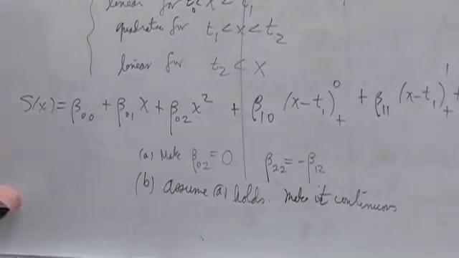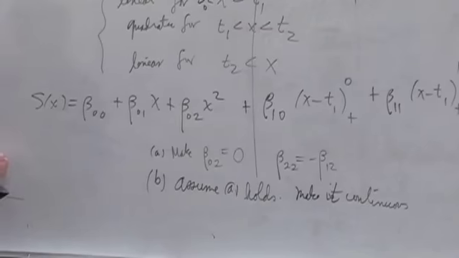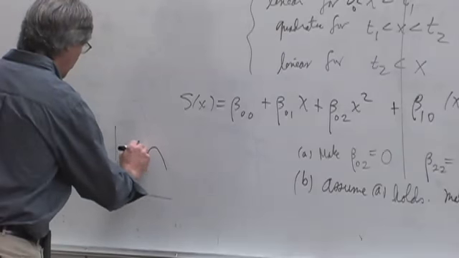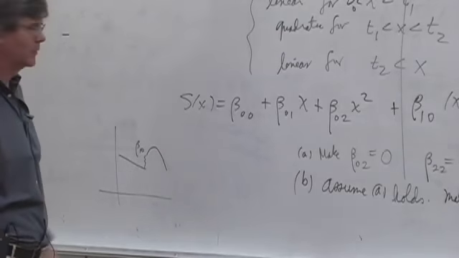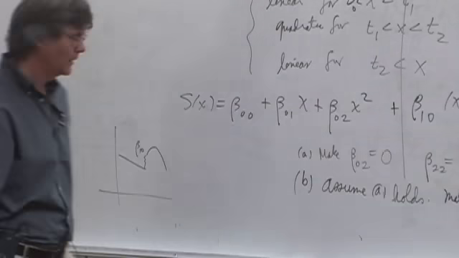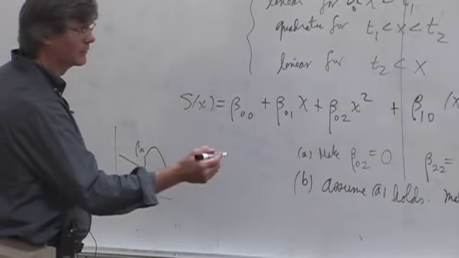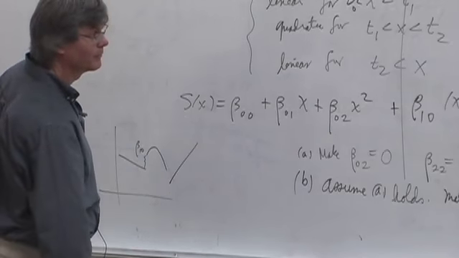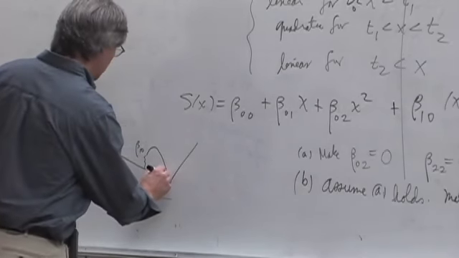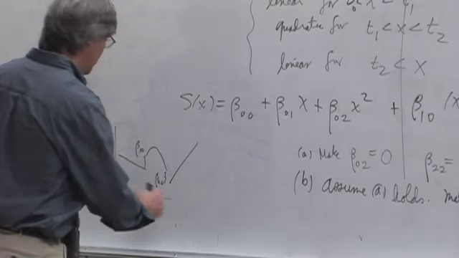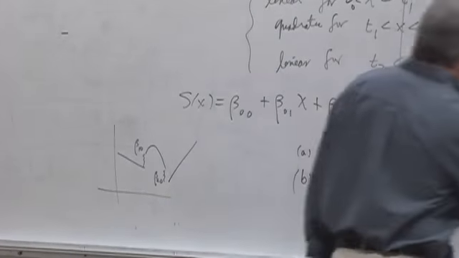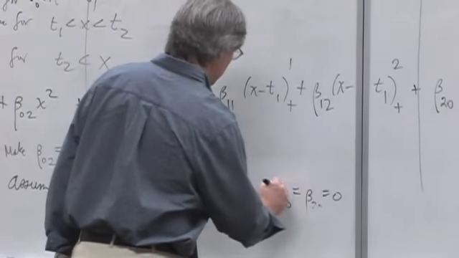If I had a linear expression and then a quadratic piece, beta 10 would be the amount of the jump. And then I had another linear piece, this would be the beta 20, which would be a negative number in that case. So then you just make beta 10 equal to beta 20 equal to 0.